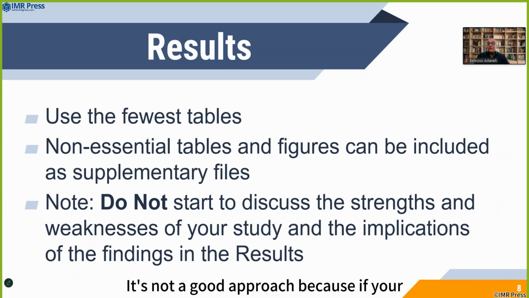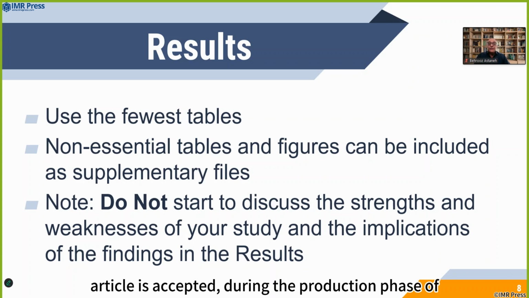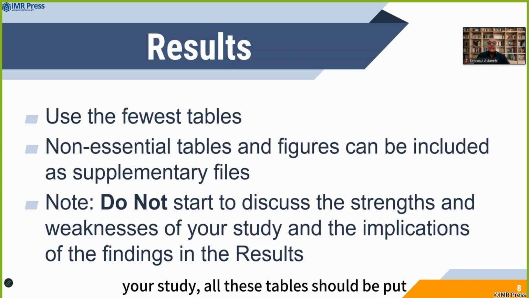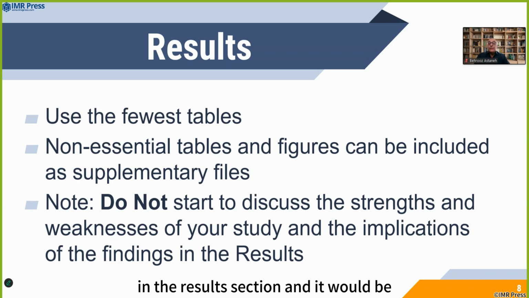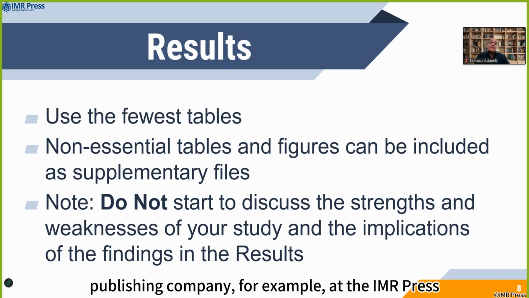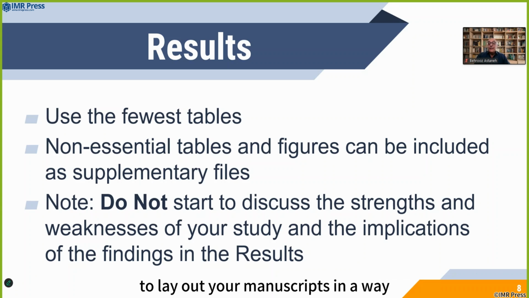It's not a good approach because if your article is accepted, during the production phase all these tables should be put in the results section, and it would be a hard task for people working in a publishing company, for example, at the IMR Press, to lay out your manuscripts in a way that's readable enough and attractive for the readers to read.